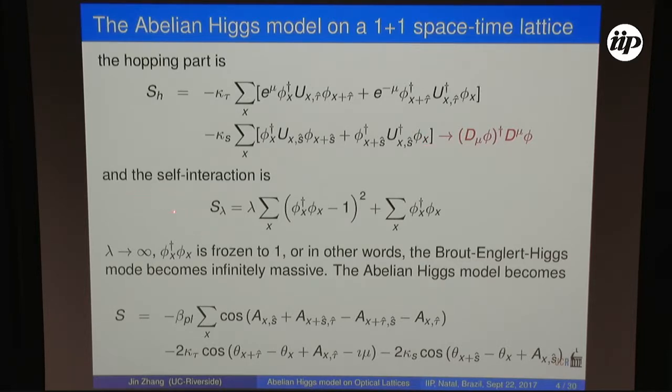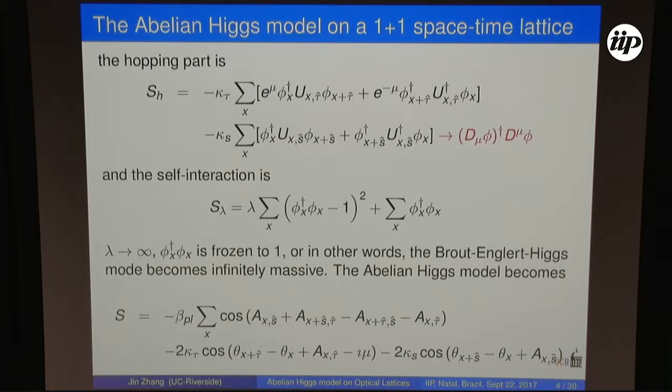And the last one is a self-interaction term. We will only consider the situation where lambda equals infinity, where the amplitude of the matter field is frozen to 1. So the Abelian Higgs model becomes one where only the compact angular variable exists.